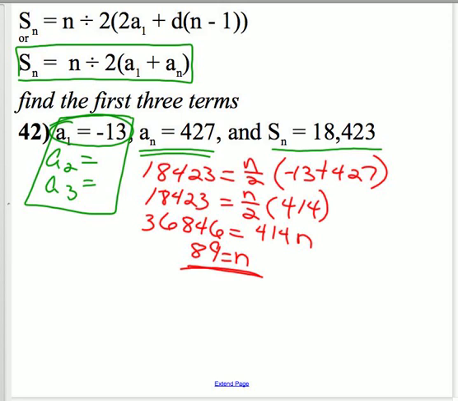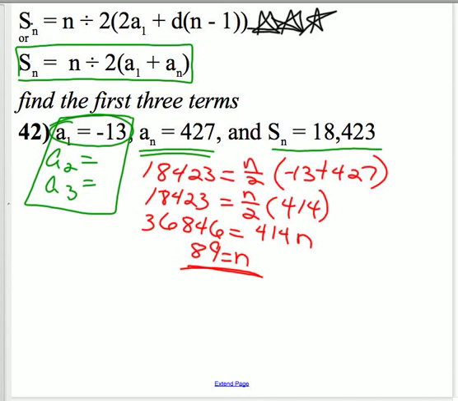So now what? Well, now that I know n, I could use the first equation to find D, to find that common difference.